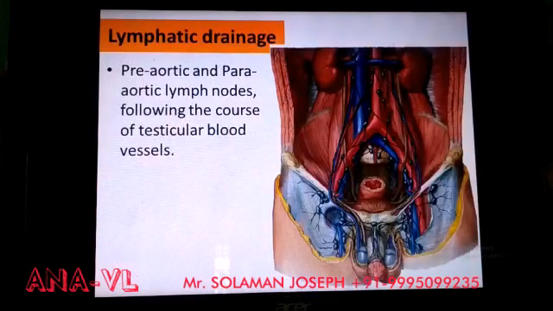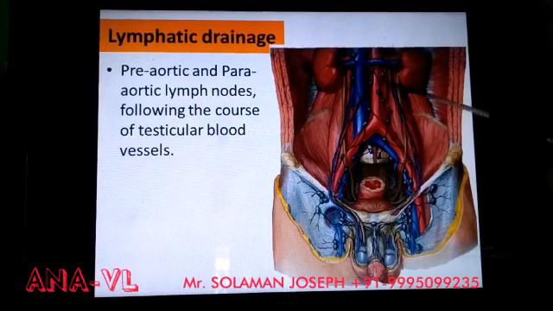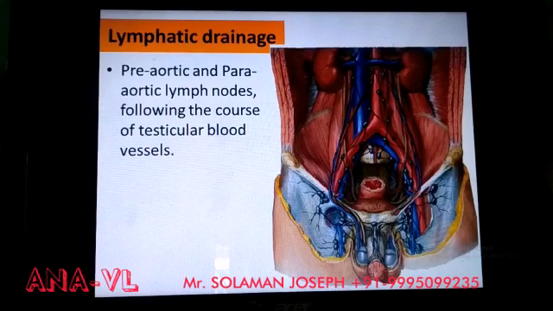Okay. Then the lymphatic drainage drains into the pre-aortic and para-aortic lymph nodes, following the course of the testicular blood vessels. That's the lymphatic drainage of the testis.